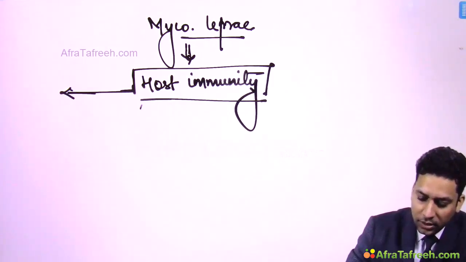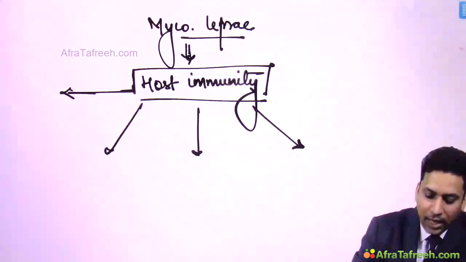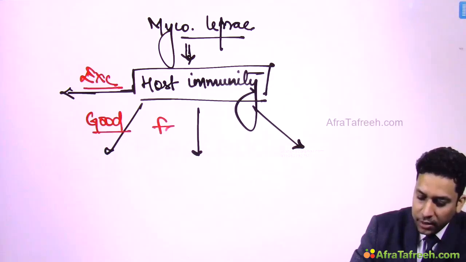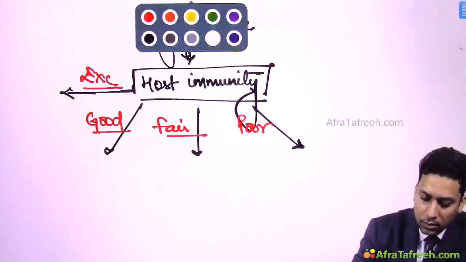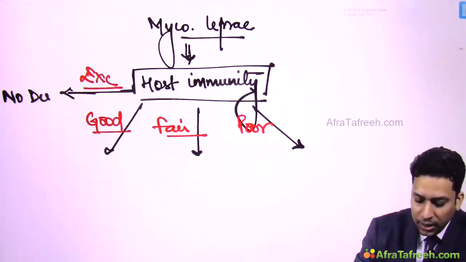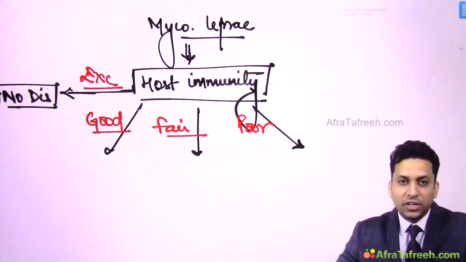Depending on the status of the host immunity, different types of leprosy can occur. Like if the immunity of the patient is excellent, good, fair, or poor. If it is excellent, there might be a possibility that the patient might not develop any disease. So despite infection, no disease.